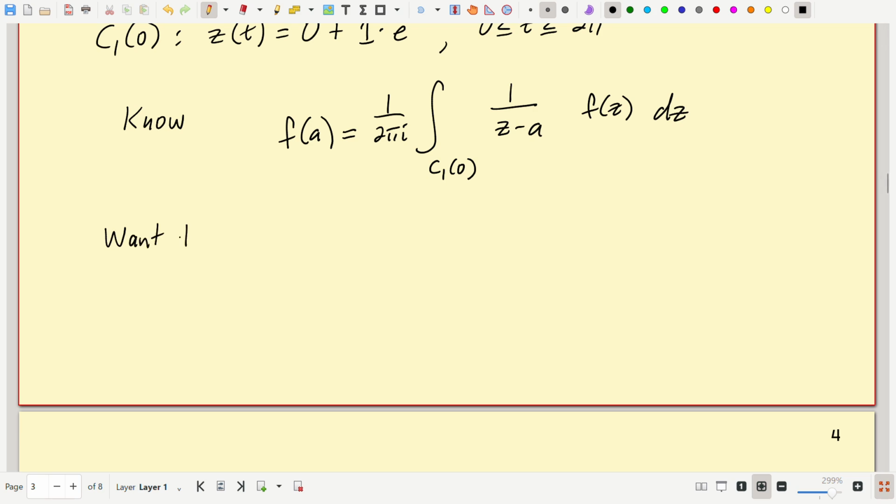We want to take the real part, so we get a formula for u of a.